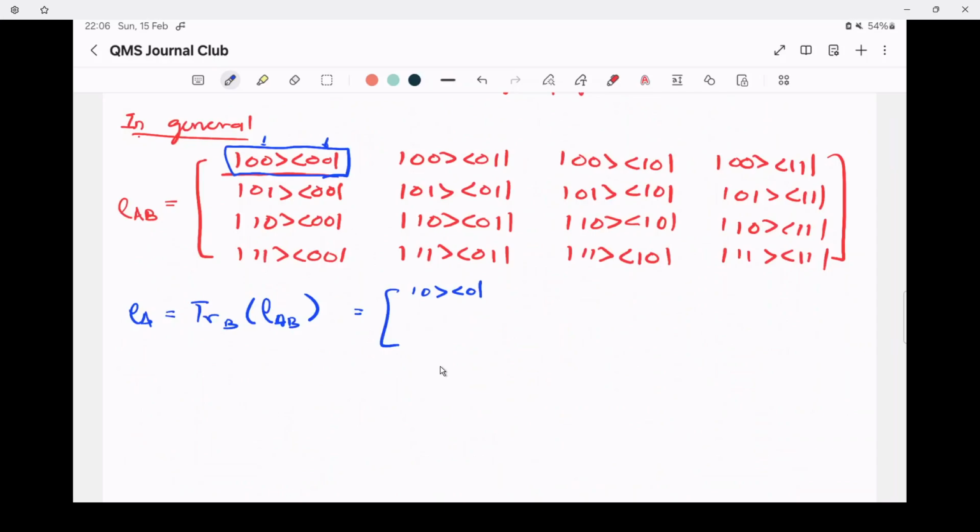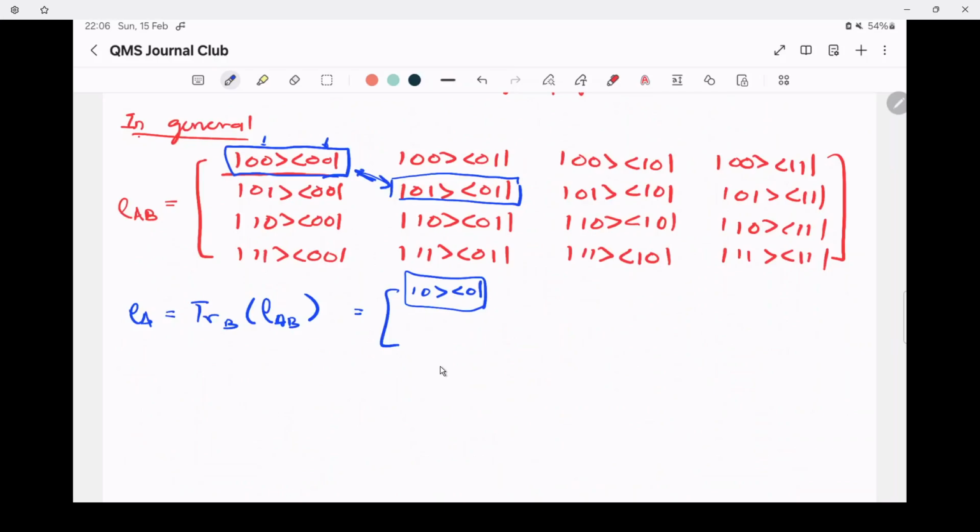Let me try to have a look. The first one is 0 0 and this contribution. So you get these two contributions into the first term over here.